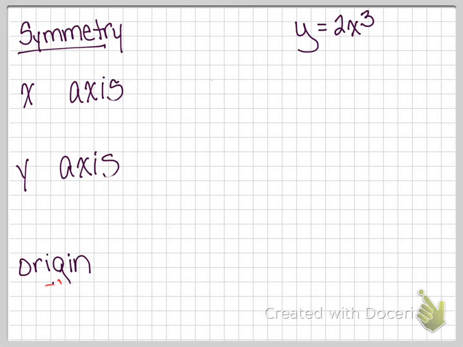So, let's look at these 3 different examples right here. This right here is a parabola, but your x is not squared in this one, your y is squared. And that's different. That's not something that we see because it's not a function. Okay? But that's what this is. This is a parabola where y is squared.